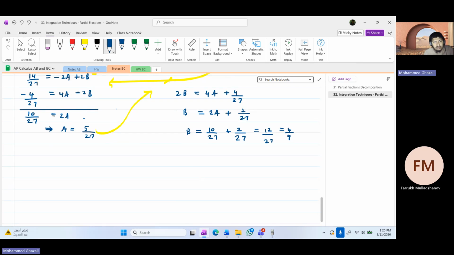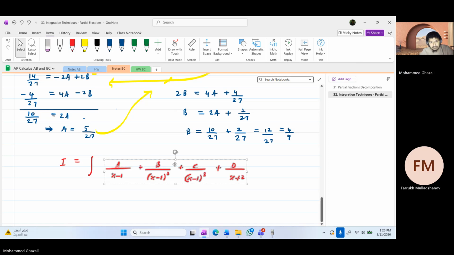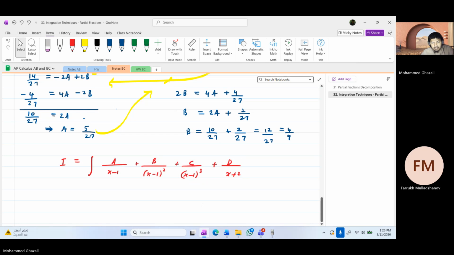So the integral is now equal to all of this. Now we want to know what we can integrate and what we need to leave out. So I can integrate a and d because that's in ln form, but these are not in ln form.